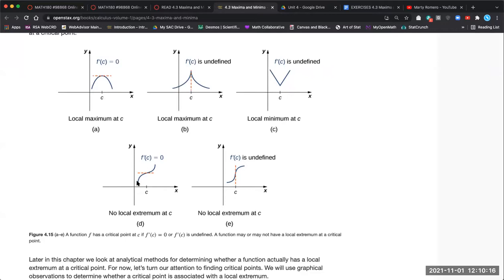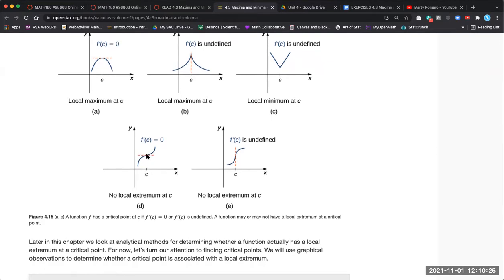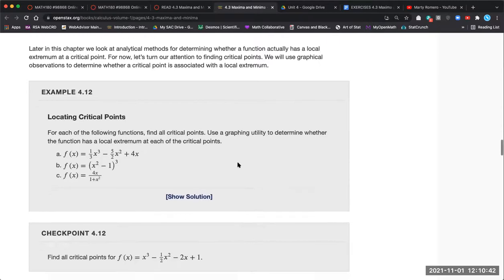Here we have this point of inflection, which we'll be talking about, where the derivative is 0. So it increases, it slows down, and then increases again. There's no local maximum or minimum here, but we have this behavior where f prime of C equals 0, and then here it's undefined, as you have that vertical asymptote there.